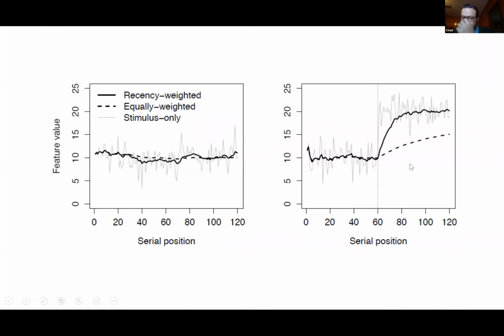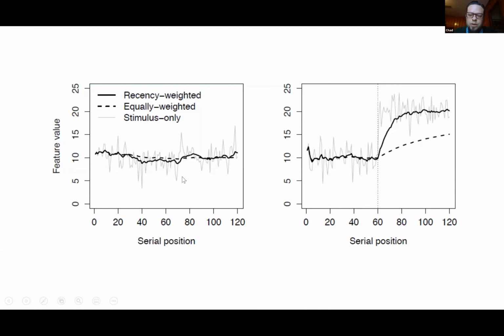And there's predictions. So if you sample all of the stimulus values from one distribution, then it's impossible, just by looking at their estimates, to tell the difference between an equally weighted average, which is the dotted line, and a recency weighted average, which is the solid line, and the stimulus is, this is all simulated, the stimulus is the light gray line.